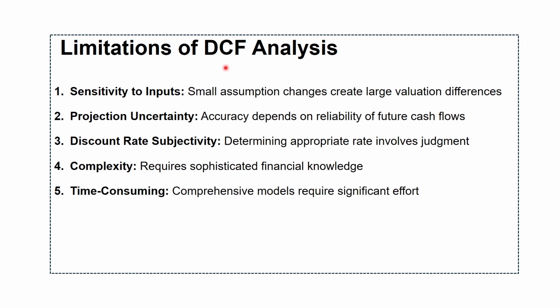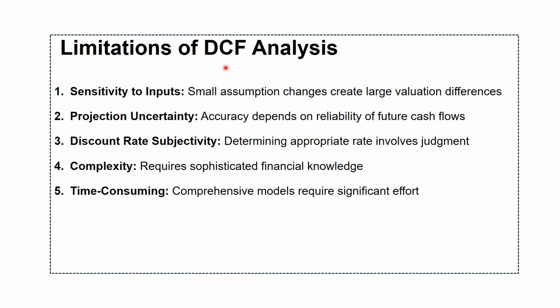Then third, discount rate subjectivity exists, because determining the appropriate discount rate involves significant judgment and can vary among analysts. So the discount rate, whether we are taking 12%, 13%, 15%, again that is something which is dependent on the analyst. So it is not exactly the same for everyone.